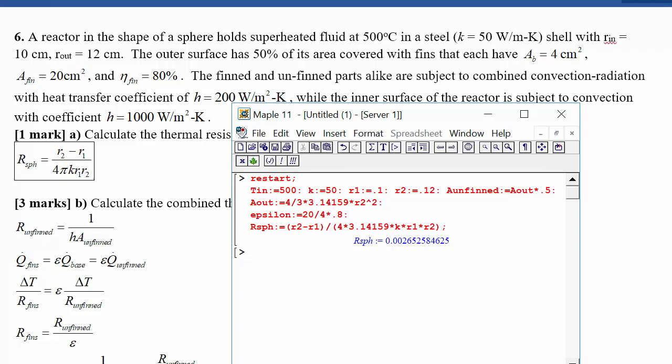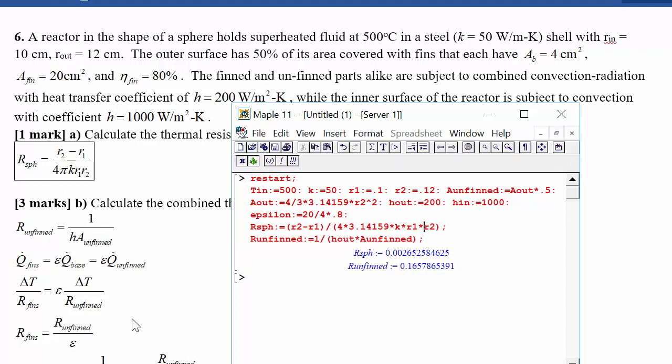Okay. Then the next part, we can calculate the unfinned resistance. We're going to need the H for that. H out is 200. H in is equal to 1,000. So that means our unfinned is equal to 1 divided by H out times A unfinned.